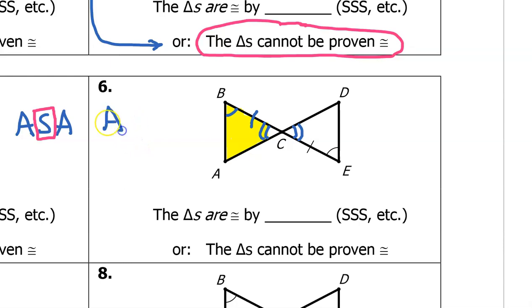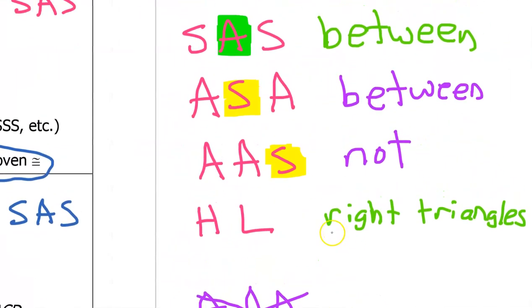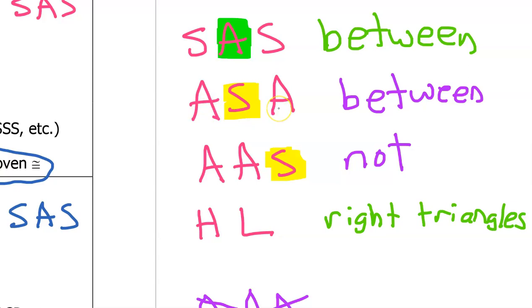So it'll either be angle, angle, side, or it will be angle, side, angle. It's going to be one of these two things. The question is, is the side between the two angles? That would make it angle, side, angle.